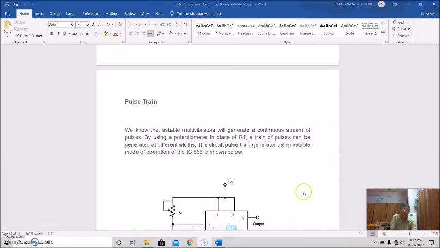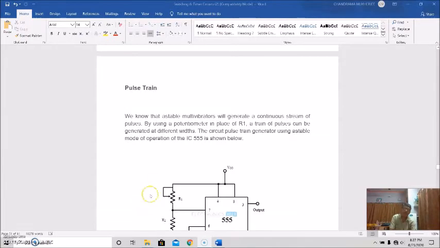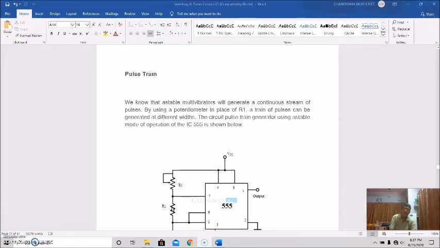We know that an Astable multivibrator will generate a continuous stream of pulses. By using a potentiometer in place of the resistor R1, a train of pulses can be generated at different widths. We have already discussed this when we were discussing the operation of this Astable multivibrator circuit.